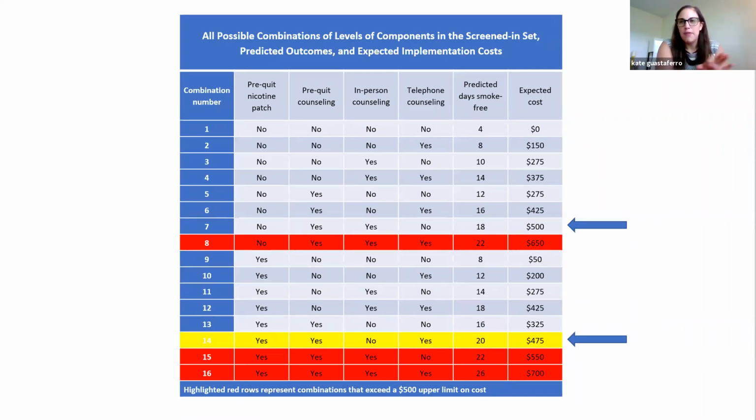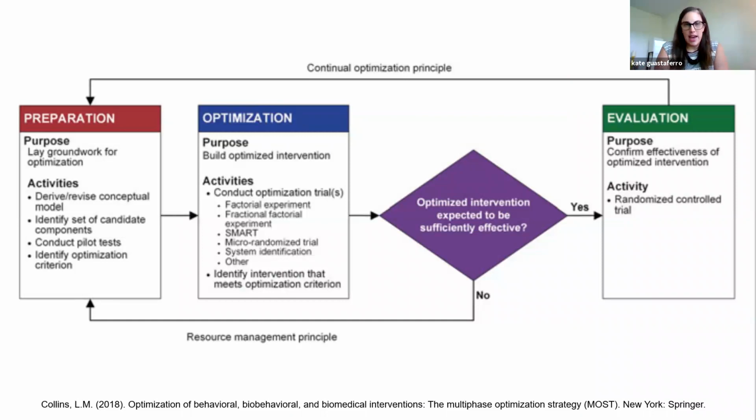So this is the decision-making process. We would end up saying that this condition 14, where they get pre-quit patch, pre-quit counseling, and the telephone counseling, is our optimized intervention. And we might say at the end of this optimization phase that we expect this to be sufficiently effective, and we can move on to the evaluation phase.